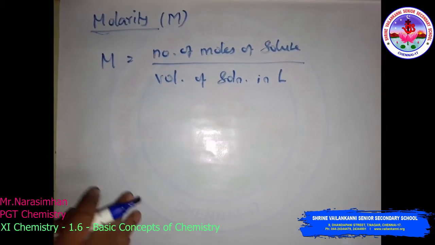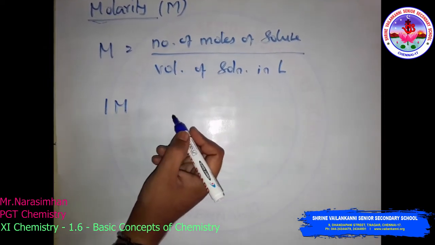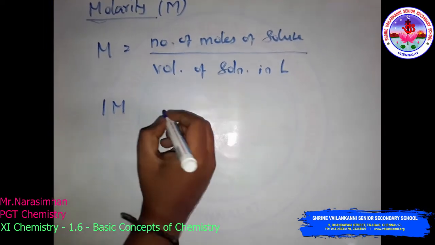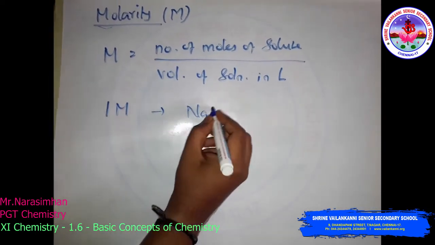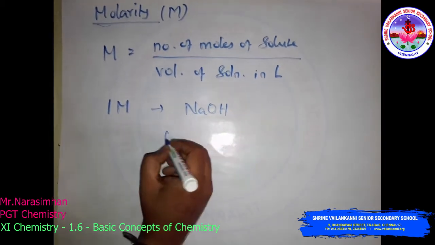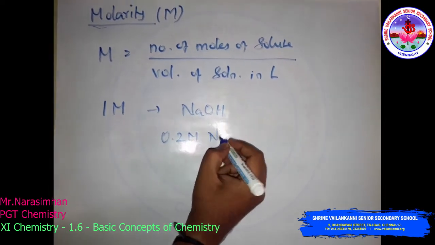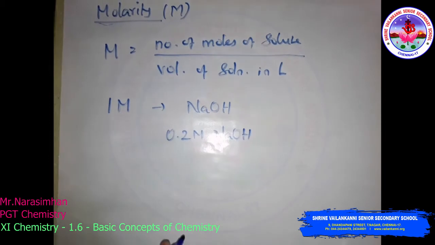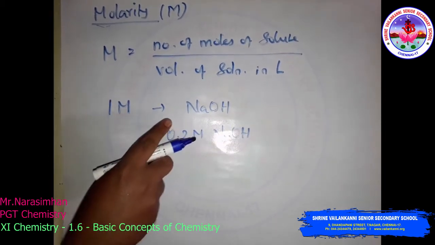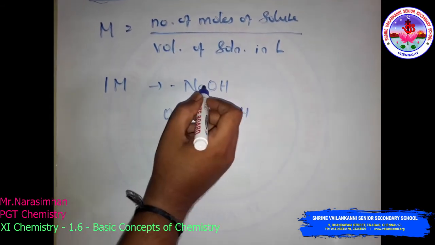Suppose we have a 1 molar solution of NaOH, sodium hydroxide, and we want to prepare 0.2 molar sodium hydroxide. 1 molar NaOH means 1 mole of NaOH is present in 1 liter of the solution.